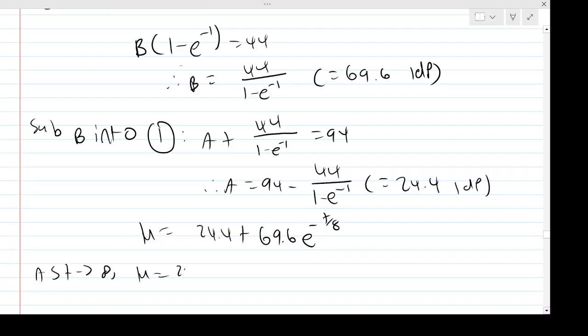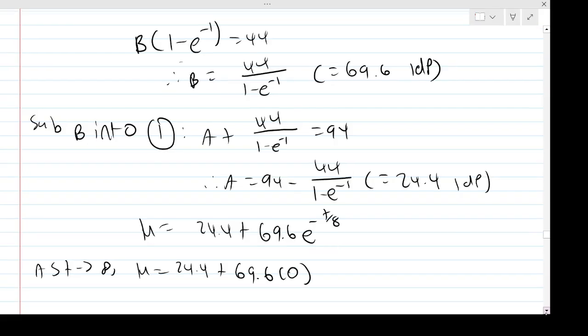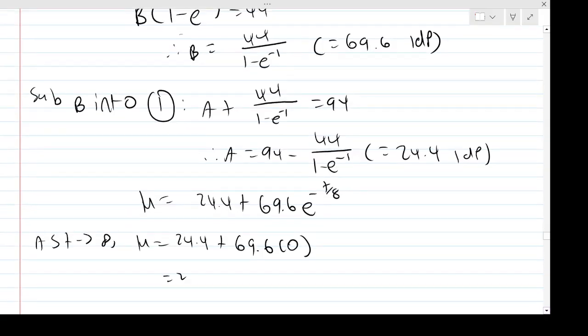Mu is going to be 24.4 add 69.6, but this e to the negative t, when t goes to infinity, that negative exponential goes to 0. So I'm left with 24.4, which is actually equal to A.